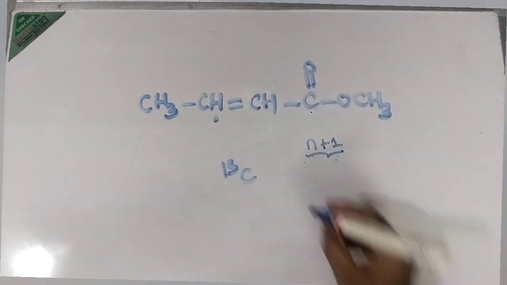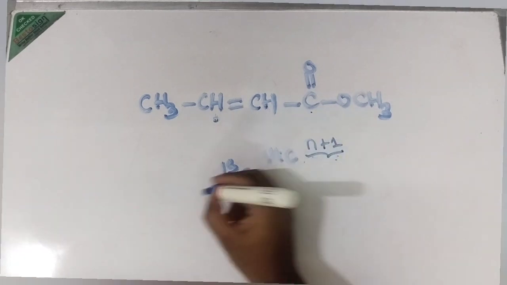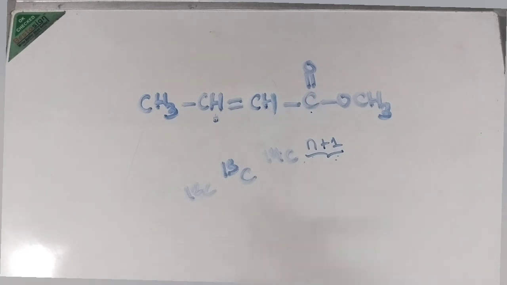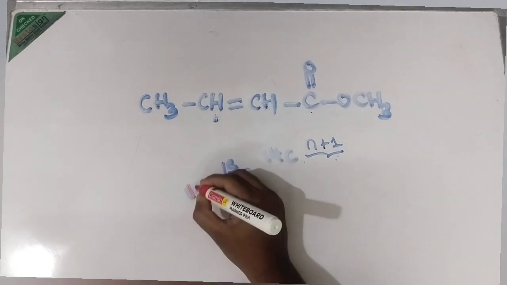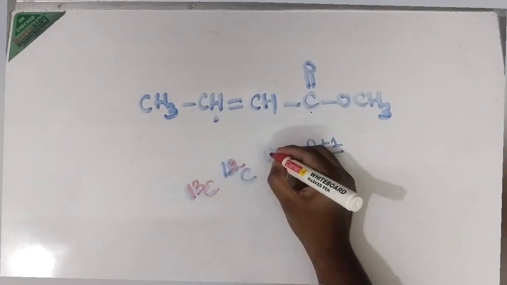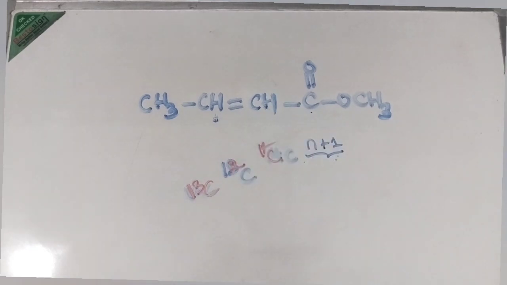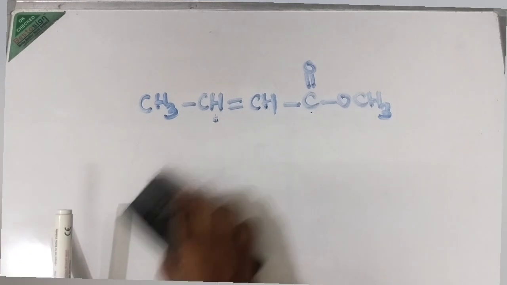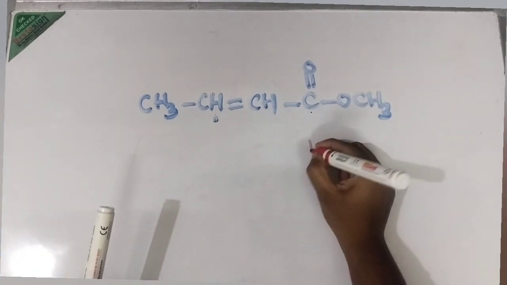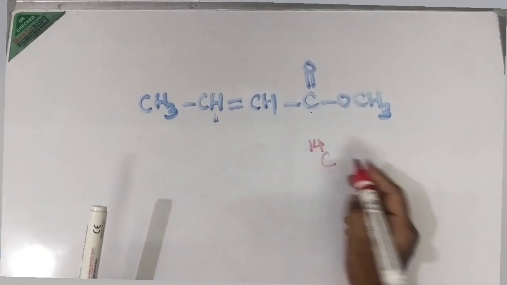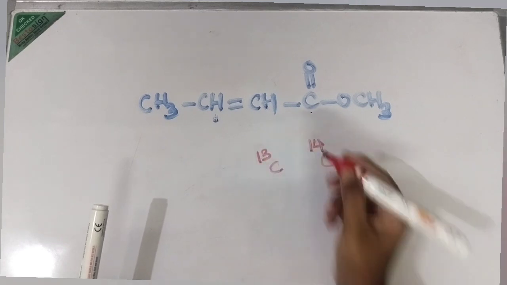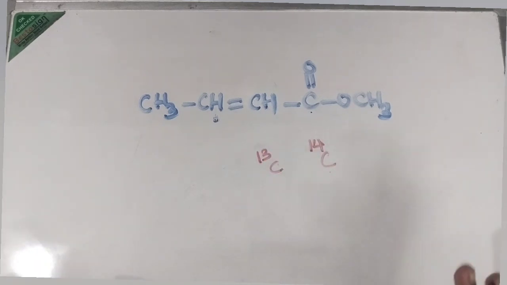You would have studied that there are 3 isotopes of carbon: carbon 12, carbon 13 and carbon 14. Carbon 14 is a radioactive nucleus. Carbon 13 is very much lower in abundance.